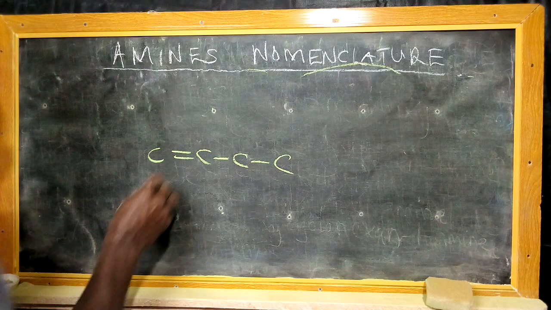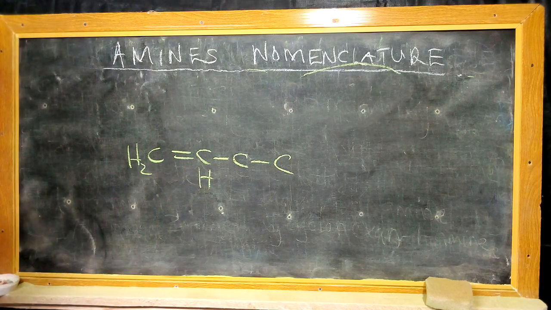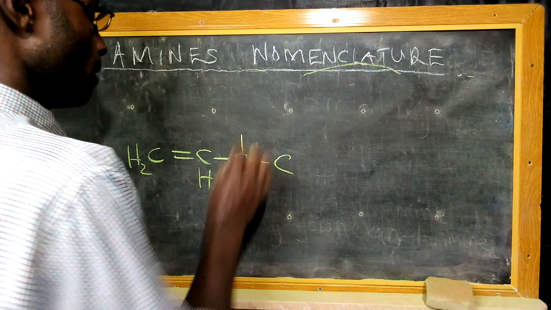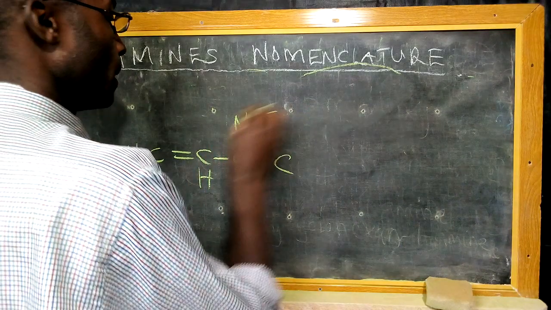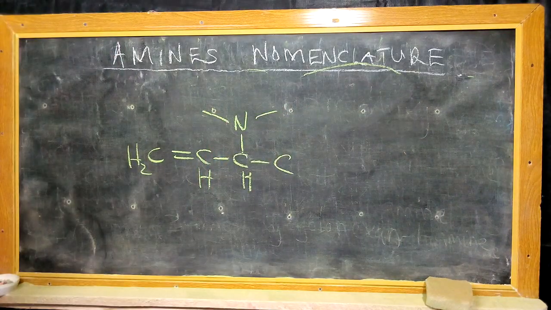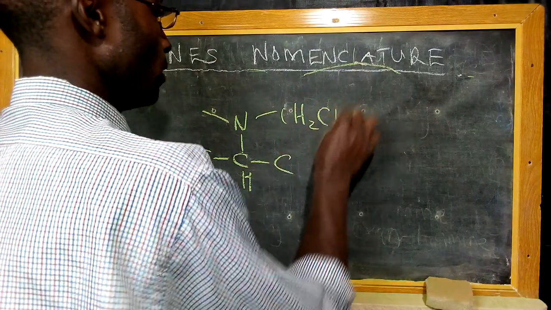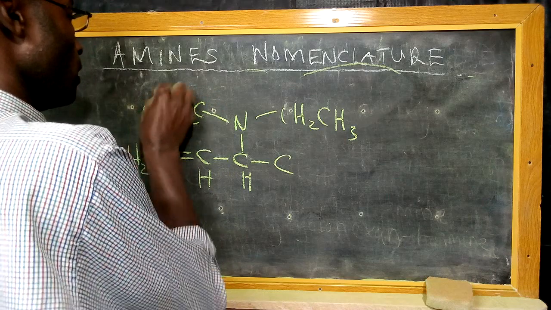So 4 carbons, H2, H. So there's an H here, and then there's an N, CH2, CH3, CH2, CH3.